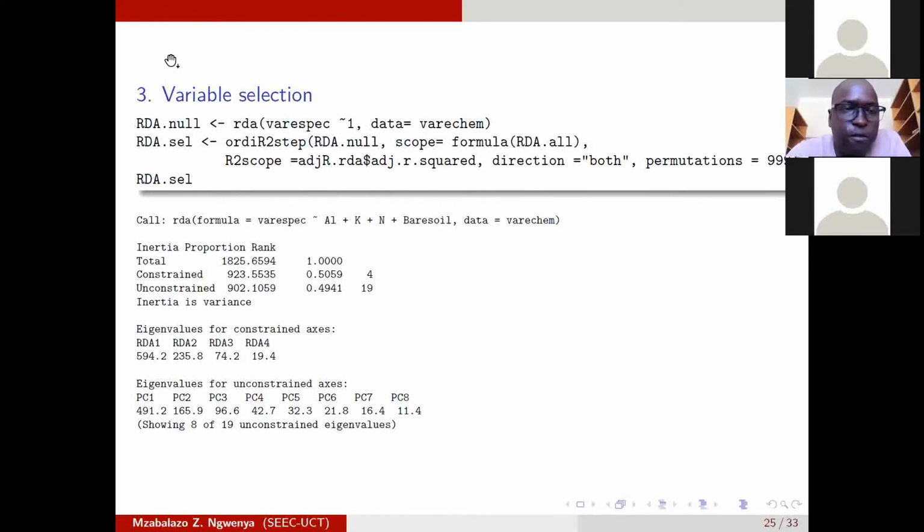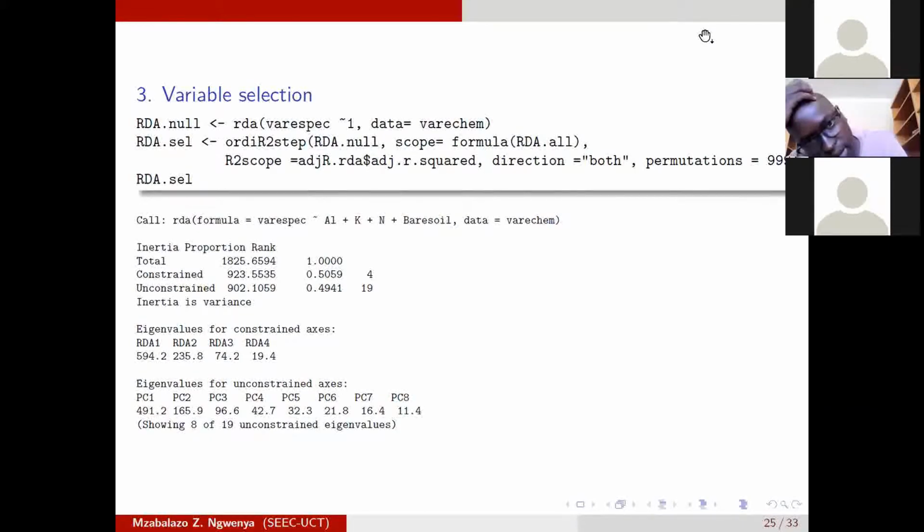We are performing a variable selection. First, we specify a null model with just the intercept, so there are none of our environmental variables in there. Once you've specified that null model, you can use the function ordistep to perform stepwise selection of your variables. The selection might be forward, backward, or both.